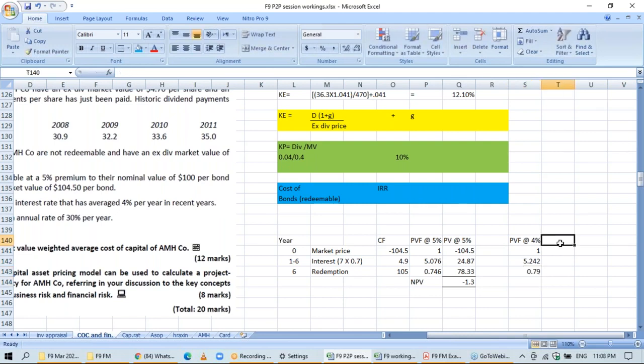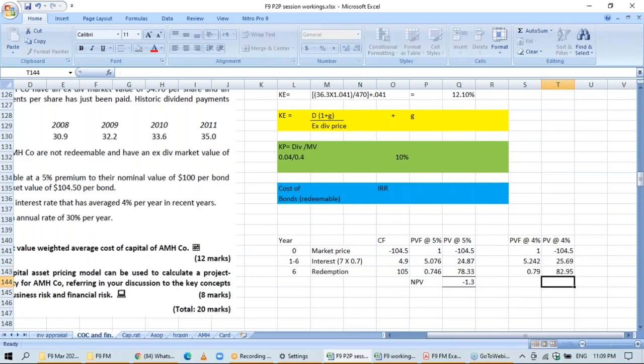So now you get the present value at 4%. The present value becomes minus 104.5, the investment amount, which is immediately payable. Then 25.69 is the present value of interest received, and then the present value of the redemption amount.